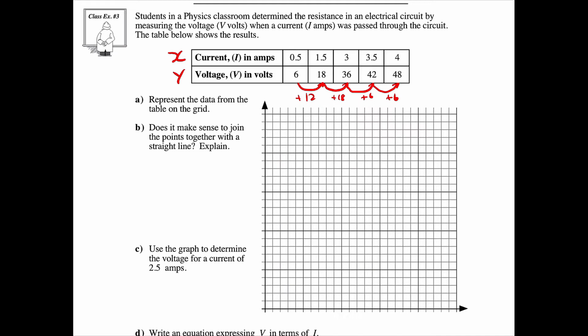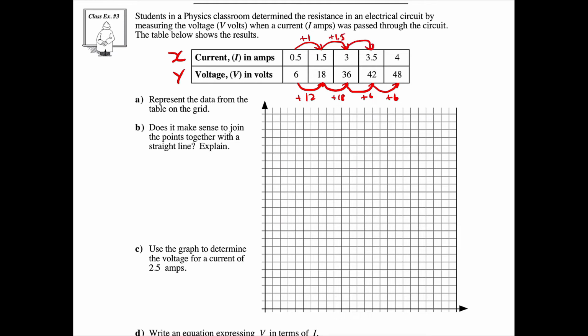If I'm going to say my 6 is common, what's going on with the 12 and 18? Well, in order for the bottom ones to be consistent, the top has to be consistent as well. Coming from 0.5 to 1.5, that's going up by 1. This one went up by a positive 1.5.